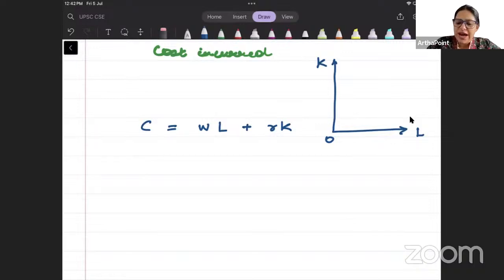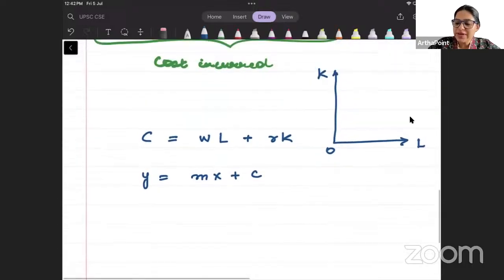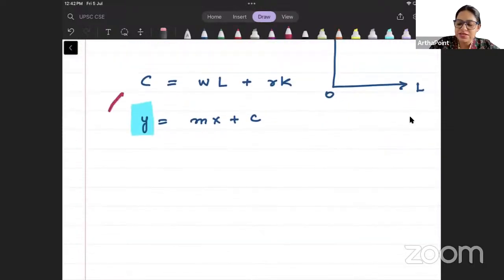Very simple. I will represent it in the format y is equal to mx plus c. What am I seeing on the y-axis? Capital. So if I represent that in this format, I will get K is equal to C minus WL, divided by R.